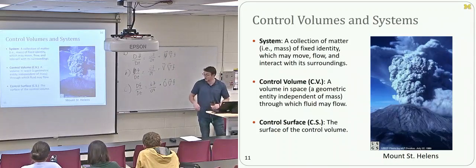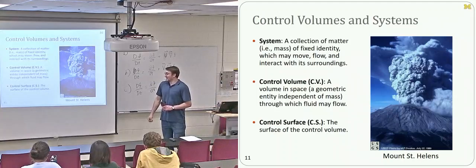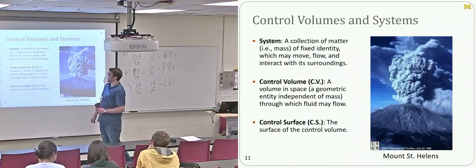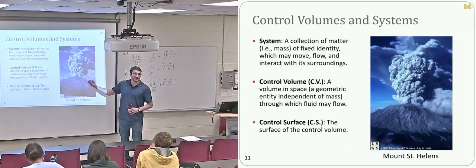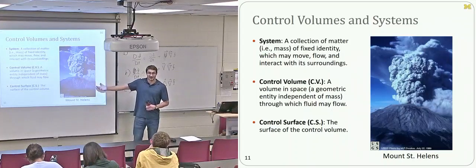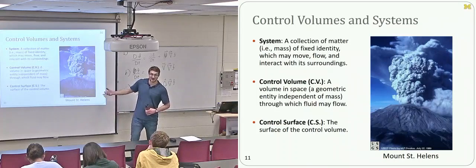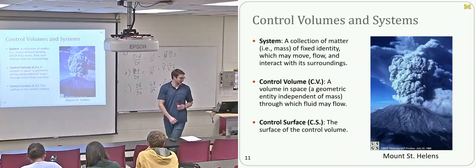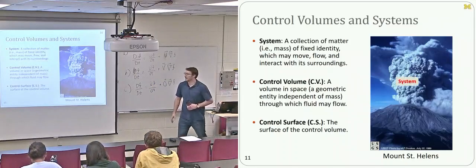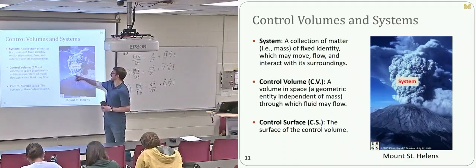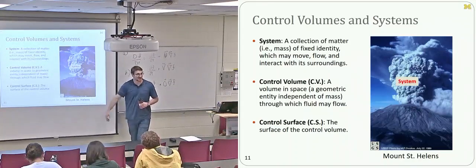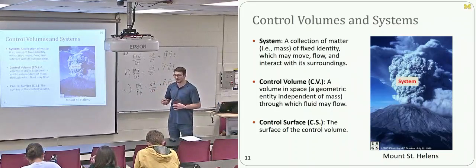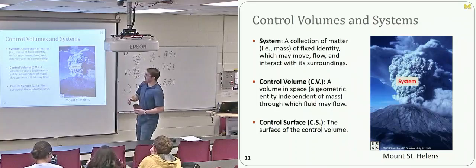Really ruined everyone's day. So in this picture, if we were interested in tracking what used to be the top of the mountain, what would be our system in all this? We might say that it's the rock making up the mountain itself and all this billowing ash and stuff, everything that was once contained inside of the mountain before it went volcano.